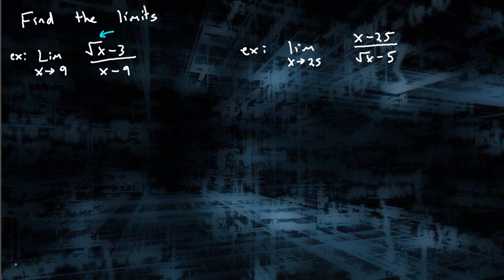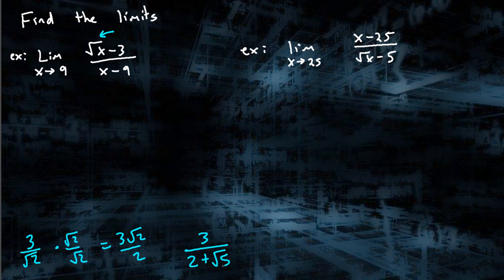Now, if I had a root, and I'll work down here at the bottom, what if I had 3 over root 2? Well, a little trick we said is we can't have a radical in the denominator, so we would do this rationalization. And we get 3 root 2 all over 2, and we'd say that's rationalized. And likewise, if we had 3 over, say, 2 plus root 5, now we couldn't just multiply by root 5, we'd have to multiply by the conjugate.